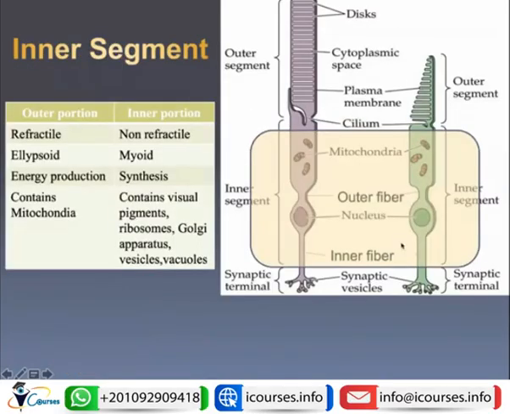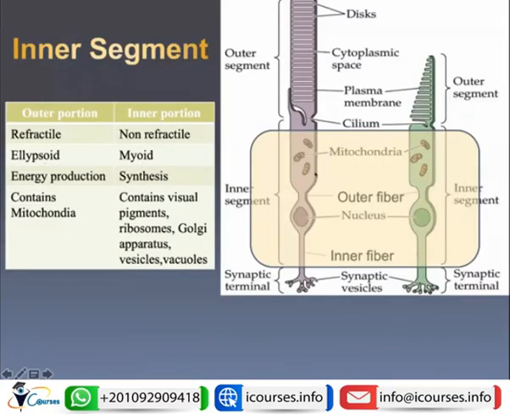Then we have the inner segment, which consists of an outer portion and an inner portion. The outer portion is sometimes called the refractile or ellipsoid portion, and the inner portion is called the non-refractile or myeloid portion.